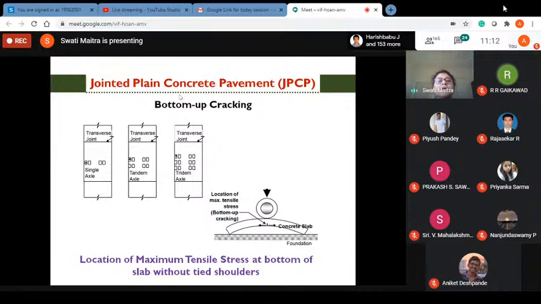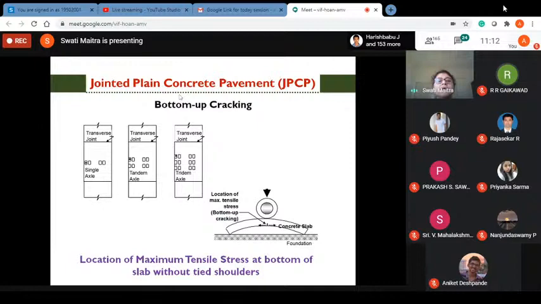Similarly, for top-down cracking, when the wheel load is at this location, you can see here for single axle, for tandem axle, for tridem axle, when the wheel location is near the joints, the front axle and the rear axle are like this. So in that case, when only wheel load is there, the maximum stress will be developed at the middle of the slab at the top.